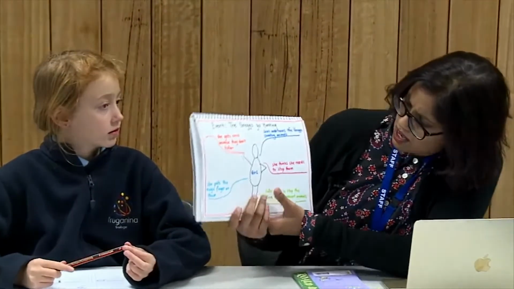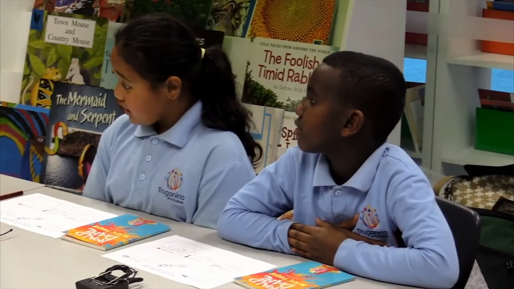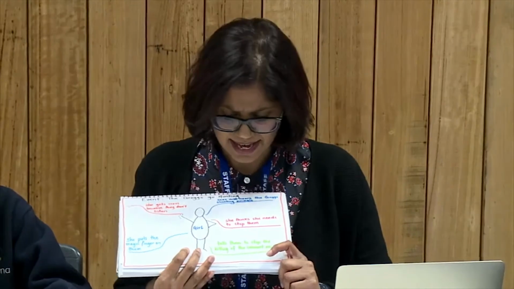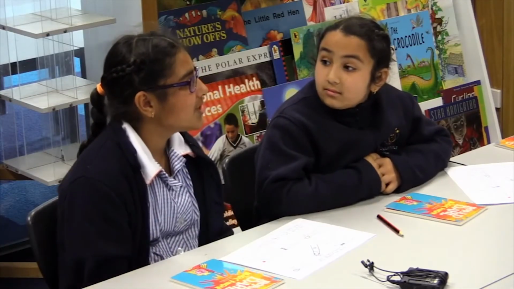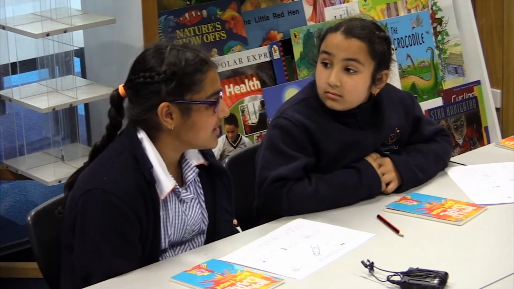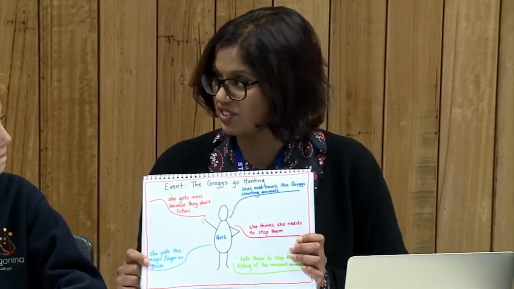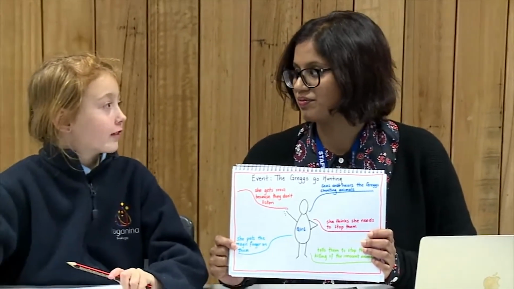Yeah. What was she thinking, Nevaeh? She was thinking that she needs to stop them. And what did she tell them to do? She told them to stop, but Mr. Greg said, mind your own P's and Q's. And that got her really upset. What did she do in the end? She put the magic finger on them. That's right, the whole Greg family. Yeah, she put the magic finger on the whole Greg family.